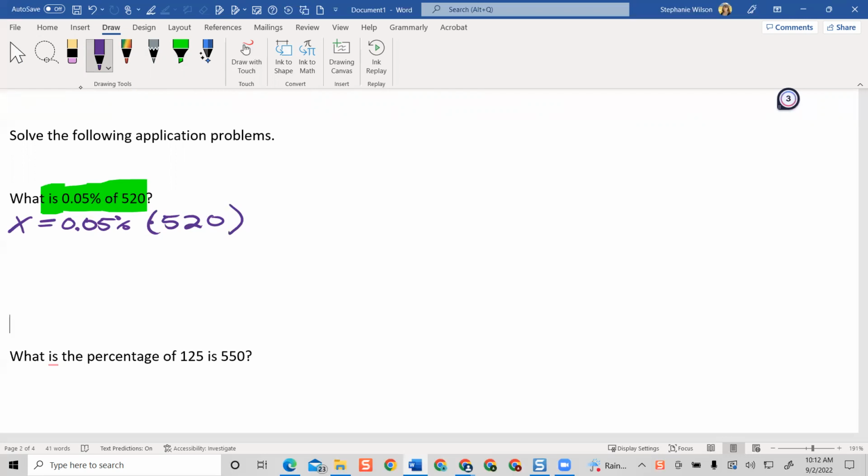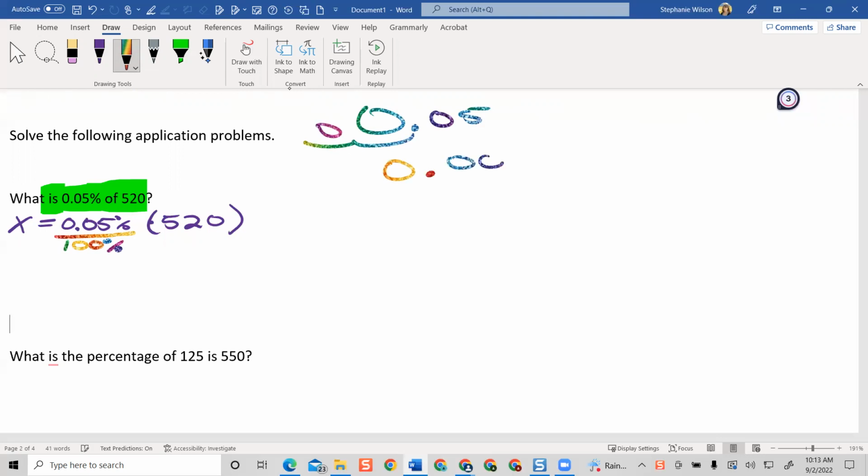Now, we cannot multiply or do anything while the 0.05 is still in percent. So I'm going to undo it by dividing by 100%, or use that shortcut method and move the decimal, right? When I move the decimal, I'm going to take the 0.05 and move it to the left 1, 2. So what I get now is 0.0005 times that 520.